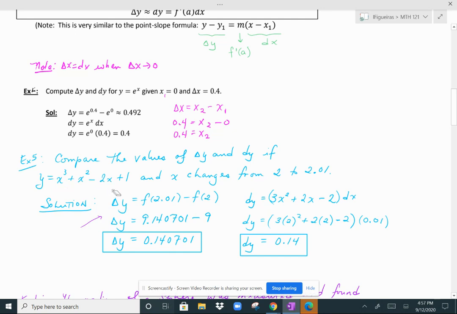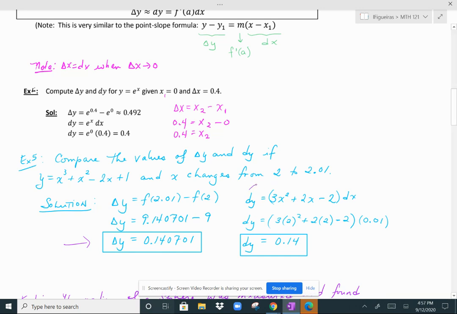Again, that one probably would be something you'd need a calculator for, although you can cube 2.01, but just for convenience, you get 9.140701 minus, and when you plug in 2, you get 9. So your delta y is 0.140701.